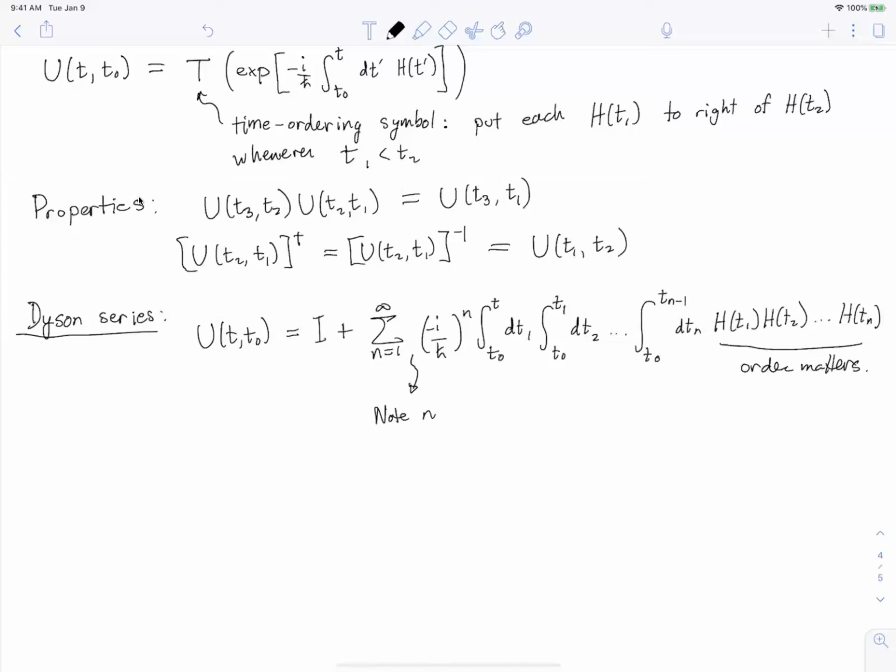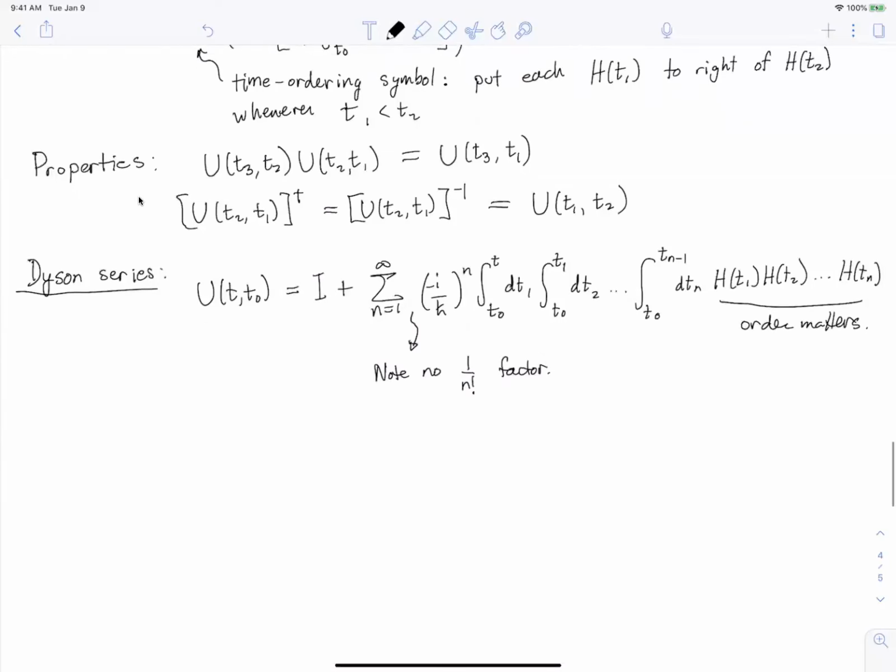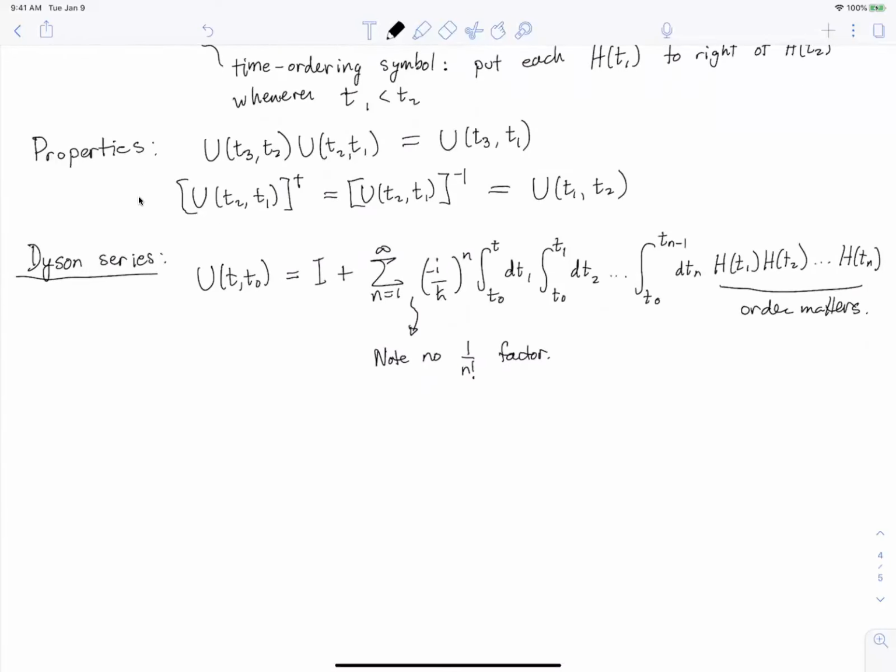So note, no 1 over n factorial factor. That's not a typo, that's really supposed to be that way. So that's the Dyson series representation of the unitary operator that works in the case where Hamiltonians don't commute at different times. And where this is usually applied is in perturbation theory, which we're not going to talk about this semester, but you should know that it exists.